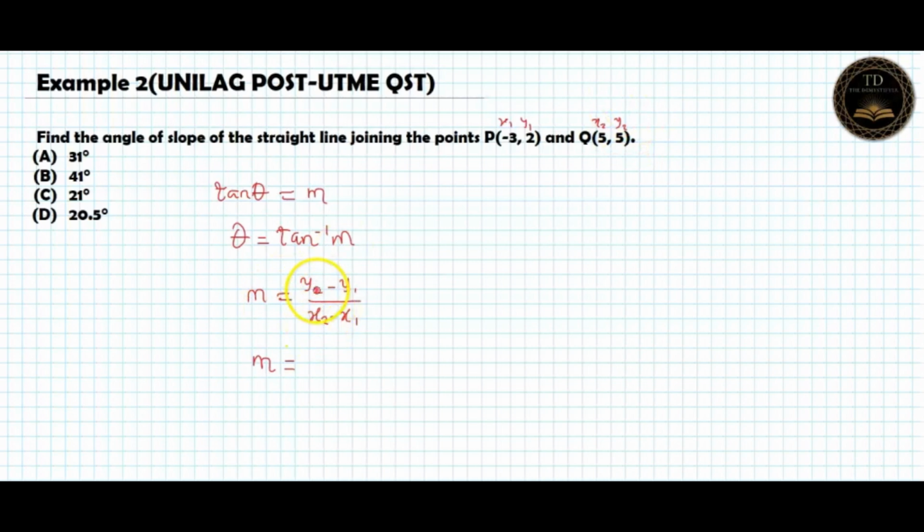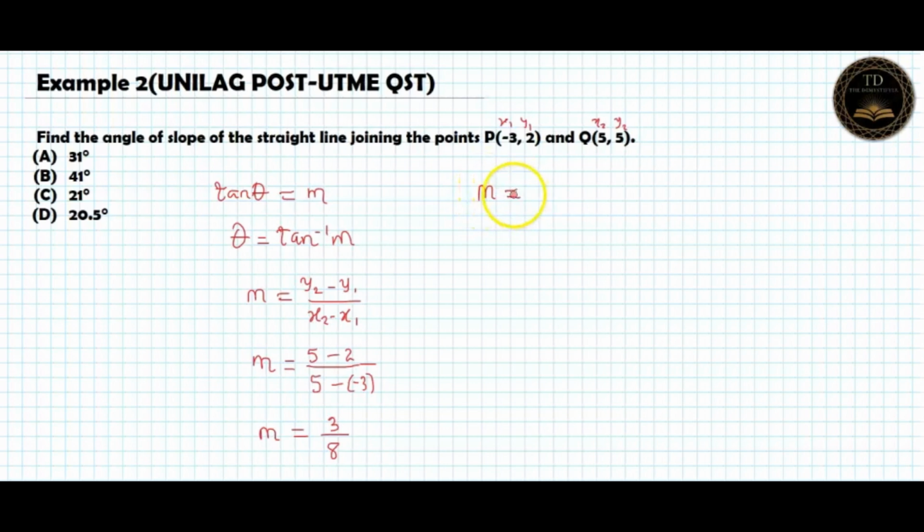So we have y2 is 5, so 5 minus y1 is 2 over x2 is 5 minus x1 is minus 3. So you have to put that this way, minus 3. So now our m will be equal to 3 over 5 minus this is 8. So 5 plus 3, that's 8. So m is equal to 3 over 8.